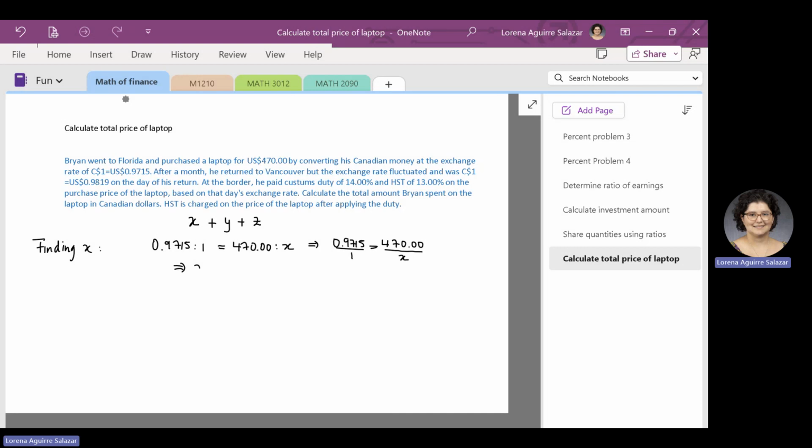Then X turns out to be the value 470 divided by 0.9715. And that expression is approximately equal to 483.79, or more precisely 483.7879 57, and so on.